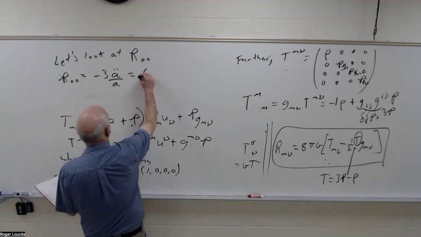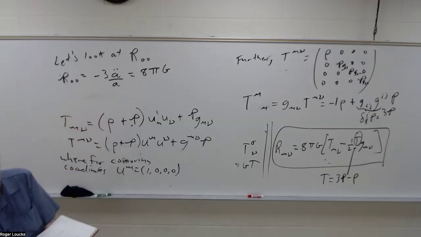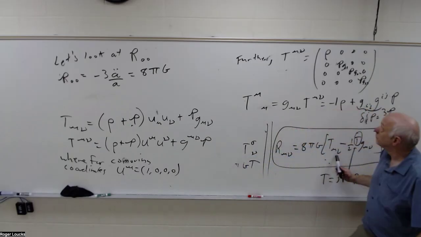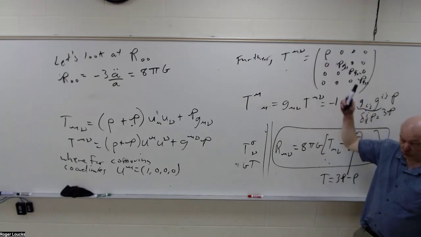According to this, it's going to be 8 pi G. Okay. What is T00? It's not quite rho, it is minus rho.